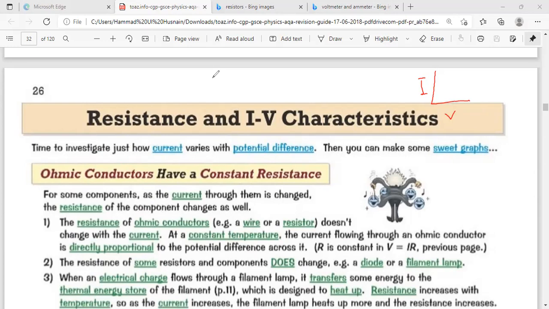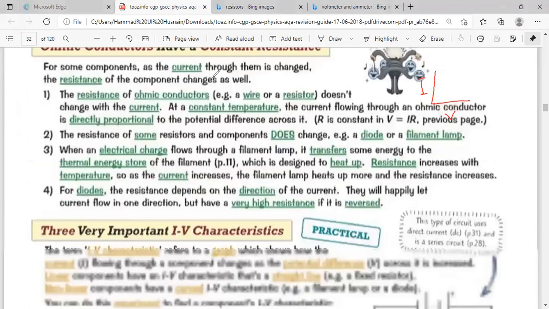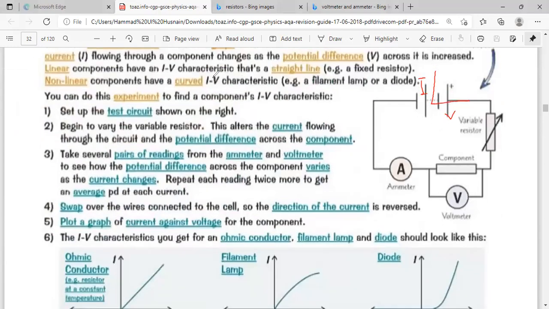So, Talha, for different components or different materials, we have different characteristic curves, different IV curves, because the relationship between voltage and current is not always the same.